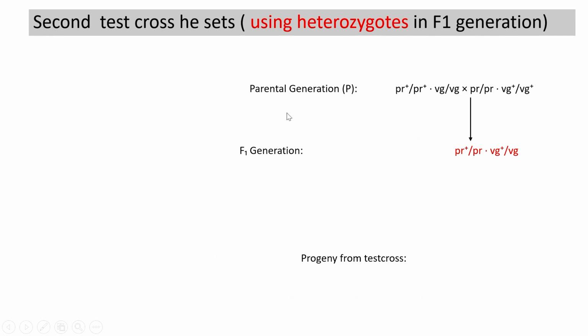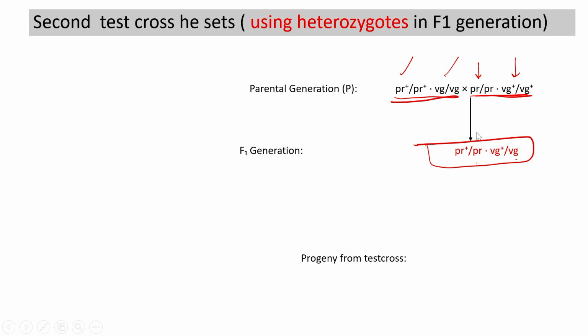He took these heterozygotes as a parent and crossed them with another type of heterozygote, and in the F1 generation he got the combination of purple with wild type wing, and wild type eye color with vestigial wing. So one has a mutation, another is normal.